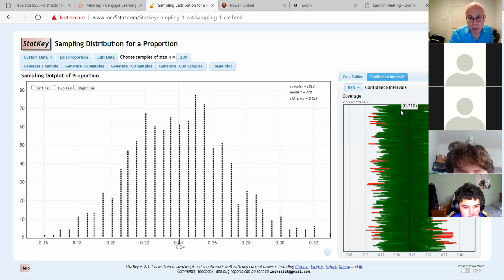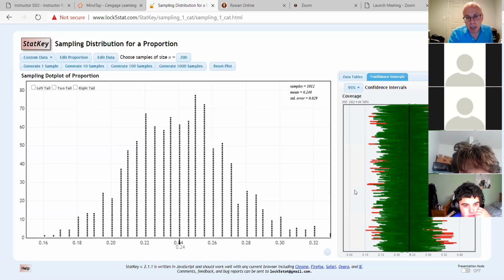If the true population parameter is inside the interval, then we say we are successful. We have captured inside that interval the true population parameter 0.24. If we're one of these red ones, we didn't, but we don't know that ahead of time. This is the point. We don't know. So we say with 95% confidence, that's why we say confident.